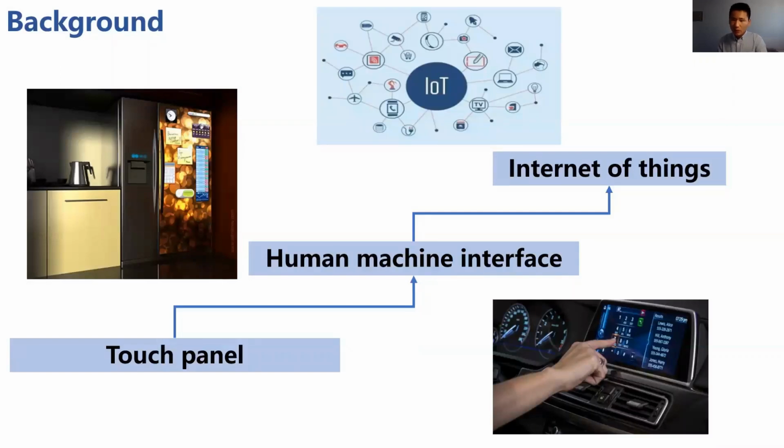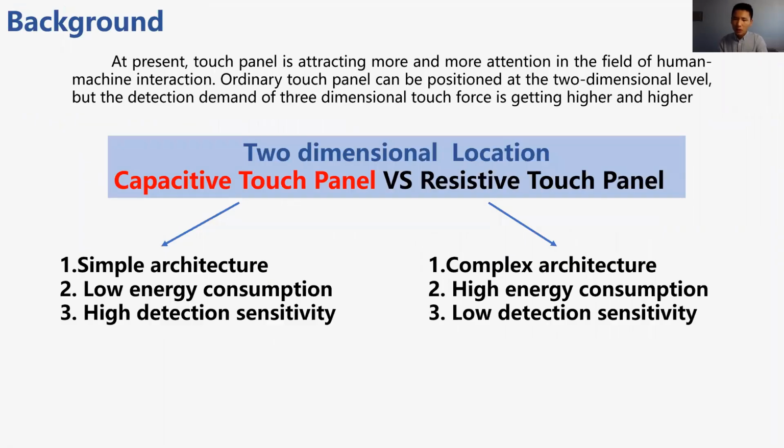With the fast development of electronic and information technologies, the Internet of Things, IoT, is entering into our daily lives. In an IoT architecture, the human-machine interface is a fundamental element, and touch panel is a common type of human-machine interface.